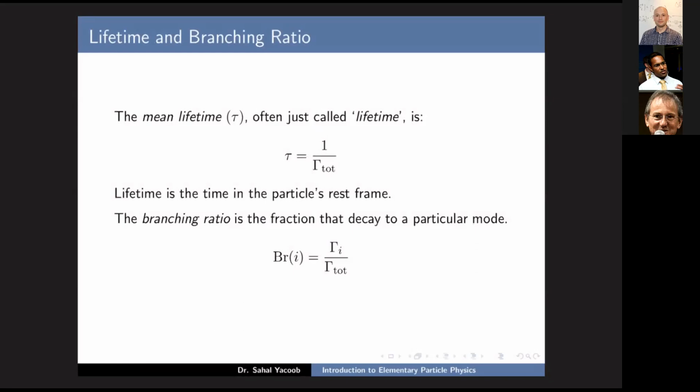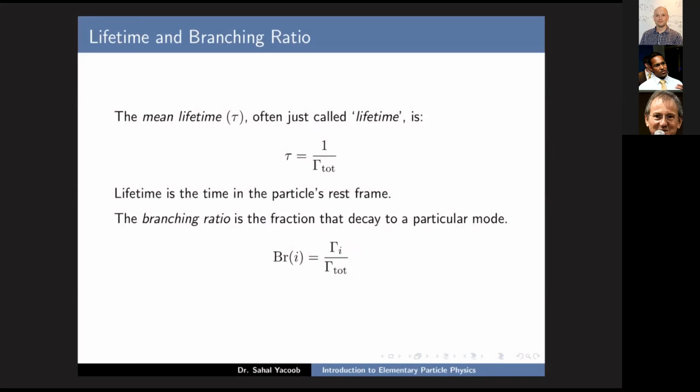The mean lifetime of a particle is often just called its lifetime. It's the inverse of the decay rate. And the branching ratio is the fraction of the decay in a particular channel to the total decay rate.